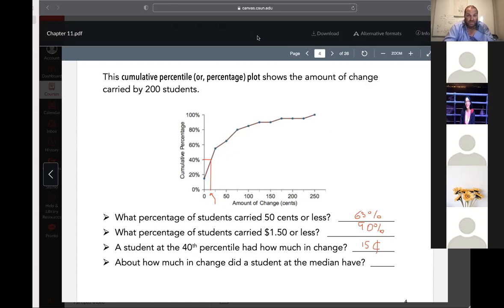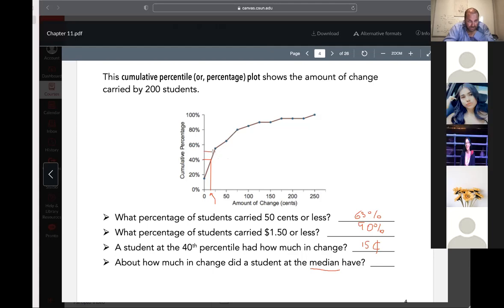And what about a student at the 50th percentile, which is the median, by the way? The median is the halfway point. So a student at the median, the halfway point, how much change would they carry? Let's take a look. Here's 50, about there, and we go down.